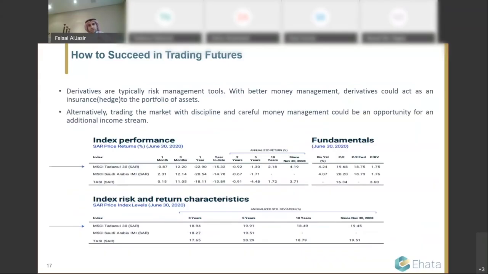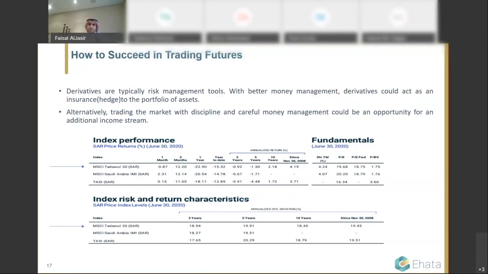So how to succeed in actually trading futures? I guess the question you would be asking yourself is, in what capacity are you entering the market? Are you hedging or are you trading? That's very important. Derivatives are typically risk management tools. If you go back to the history and the stories that I just mentioned, you would find some of them were being used mainly to hedge a certain variable that is the underlying, whatever that variable is.